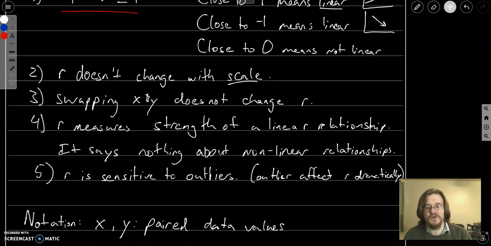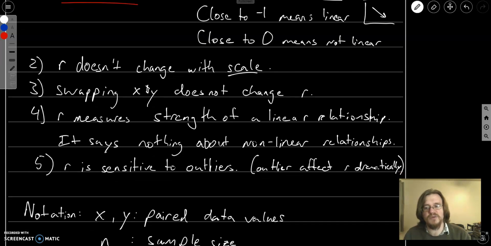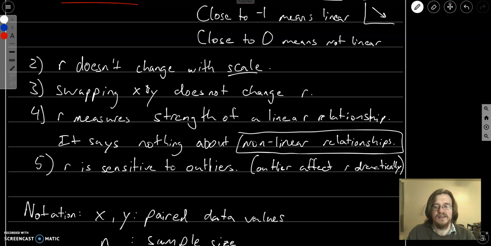And then it's important to be able to correctly interpret what R is. R is measuring the strength of a linear relationship. So if we start with something that's not linear, R doesn't mean anything. A good first thing to do whenever you're looking at data and you want to measure the linear correlation is plot it.